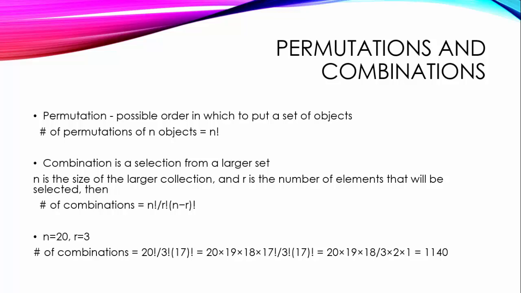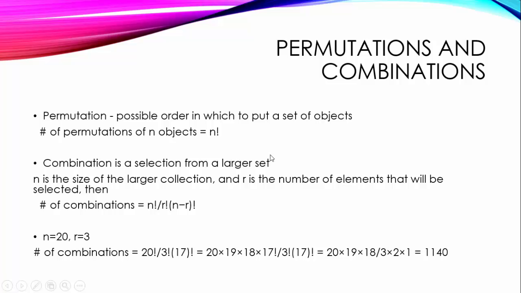So the number of combinations would be 20 into 19 into 18 into 17 factorial by 3 factorial into 17 factorial is equal to 20 into 19 into 18 by 3 into 2 into 1, which is equal to 1140.